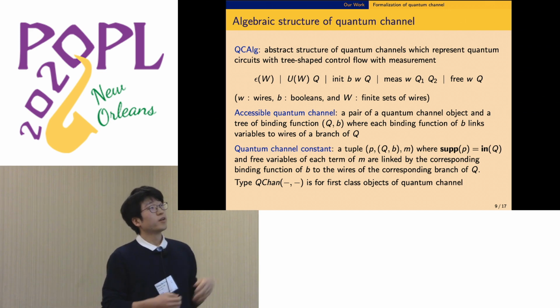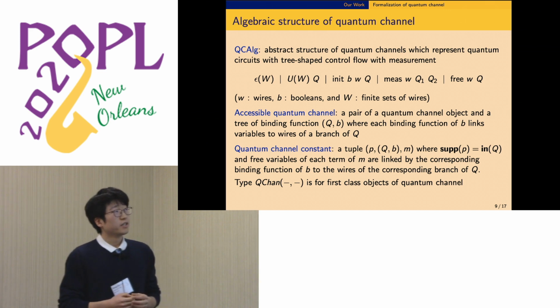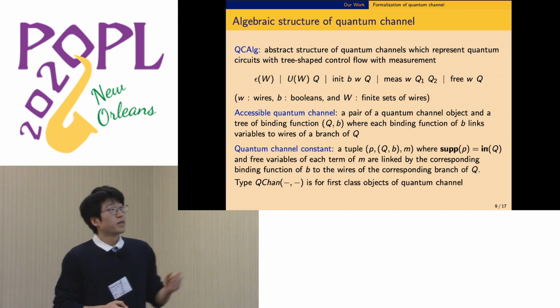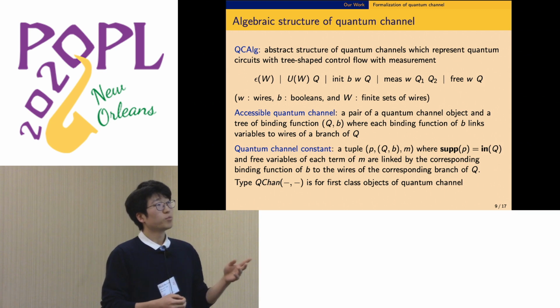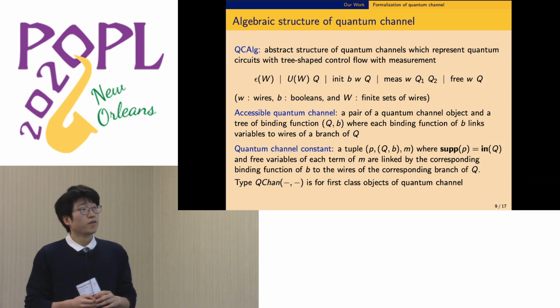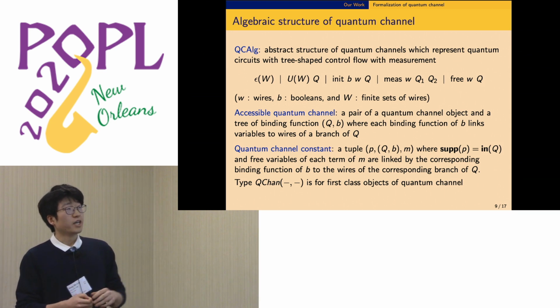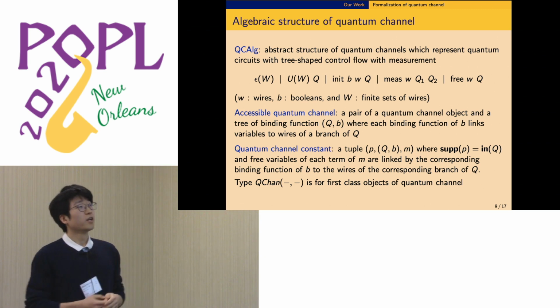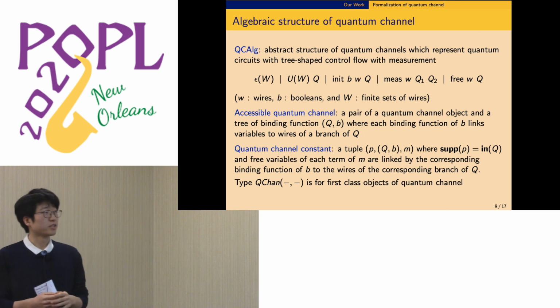The first one is for the empty quantum channel, the second is the unitary gate operation, followed by the initialization, measurement, and free qubit. Here, measurement is the one that creates a branching in our tree structure.